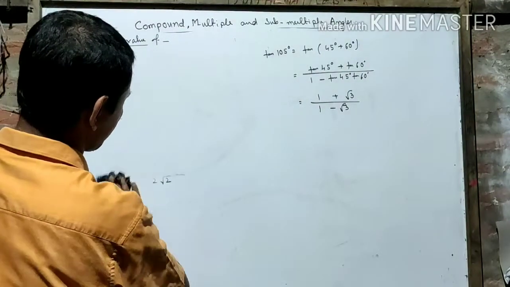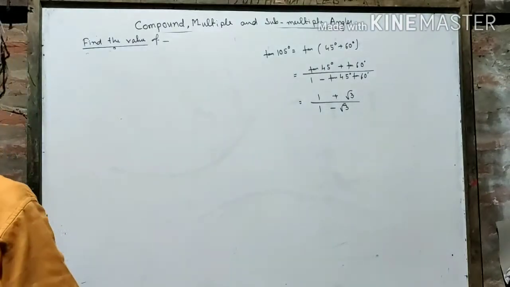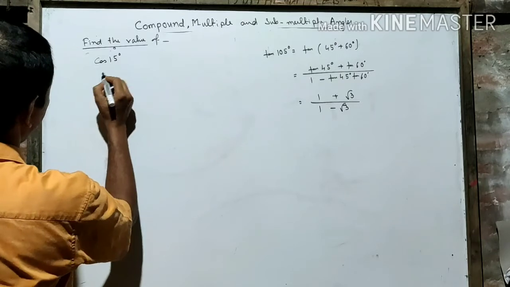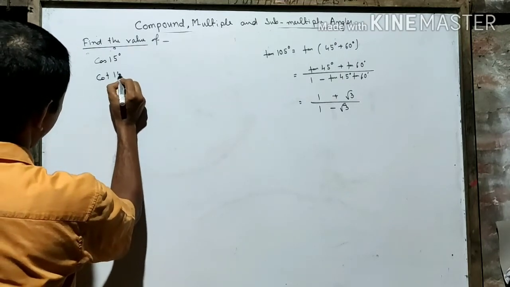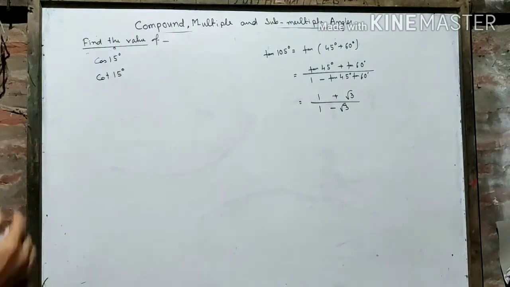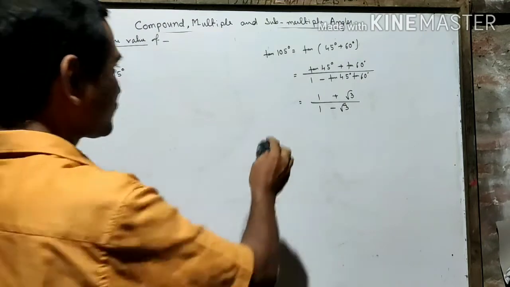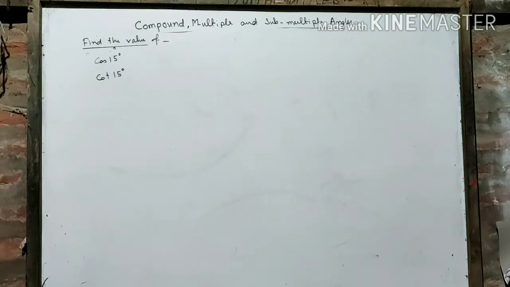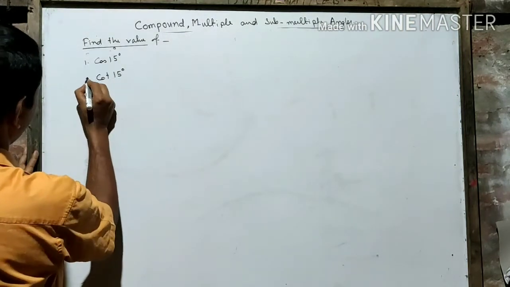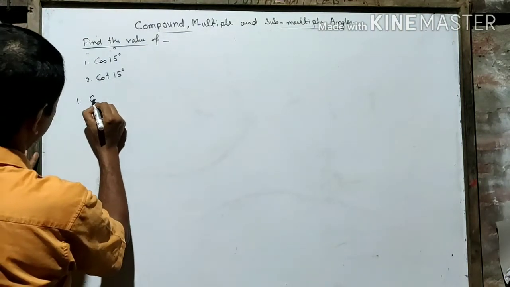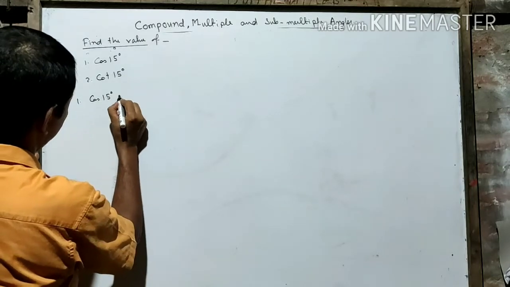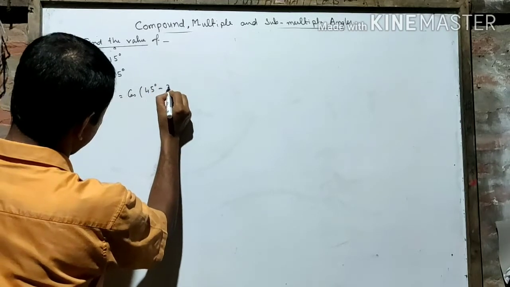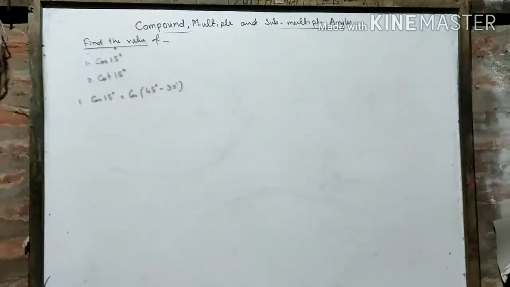Next, you may also be asked to find the values of, say, cos 15 degree and cot 15 degree. Number 1, cos 15. 15 degree can be written as 45 degree minus 30 degree.